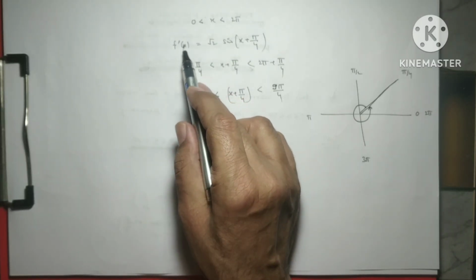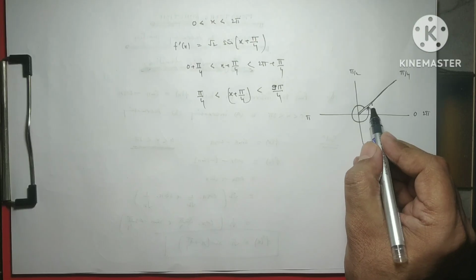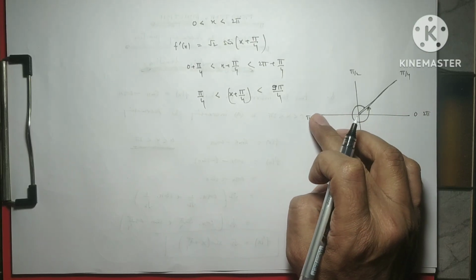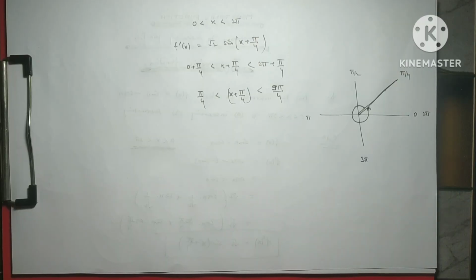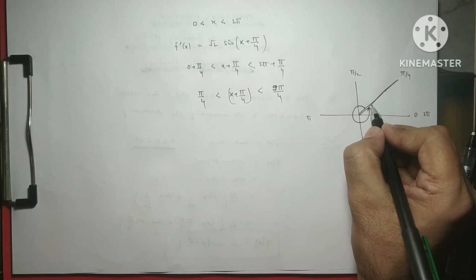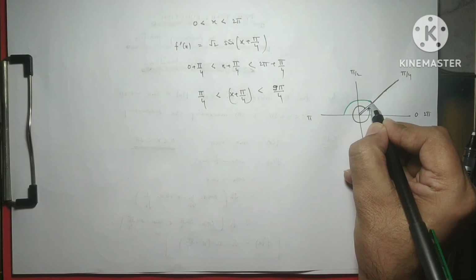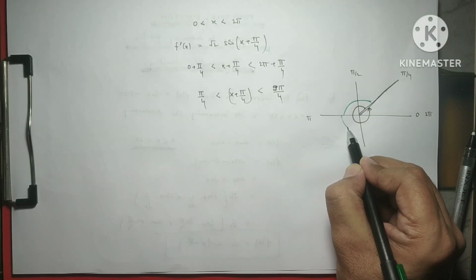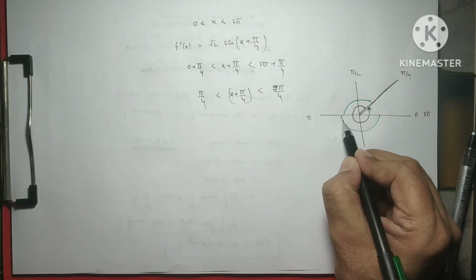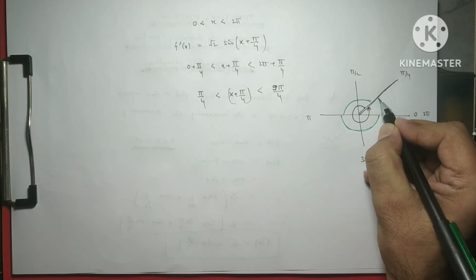As f dash x is a sine expression, and sine is positive in the first and second quadrant, when we start from here, sine will be positive from this to this, but after this it is negative, and for this range again it is positive.